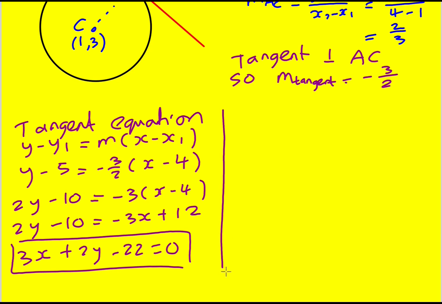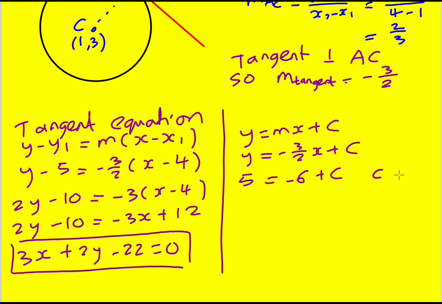I'm just going to show you it with y equals mx plus c instead, if you prefer that method. So now I would say that y is minus 3 over 2 x plus c. So 4, 5 into here. So 5 is going to be minus 3 over 2 times 4, which is minus 6, plus c. So c is 11.